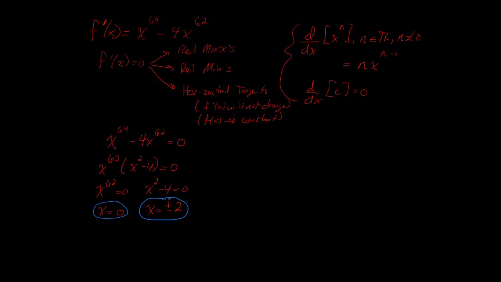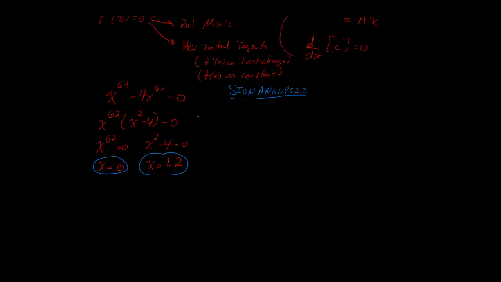However, we don't necessarily know if they are relative extrema. In order to determine whether or not these are in fact relative extrema, we're going to have to perform a sign analysis of our derivative. We write our critical points in ascending order on a number line: -2, 0, and +2.